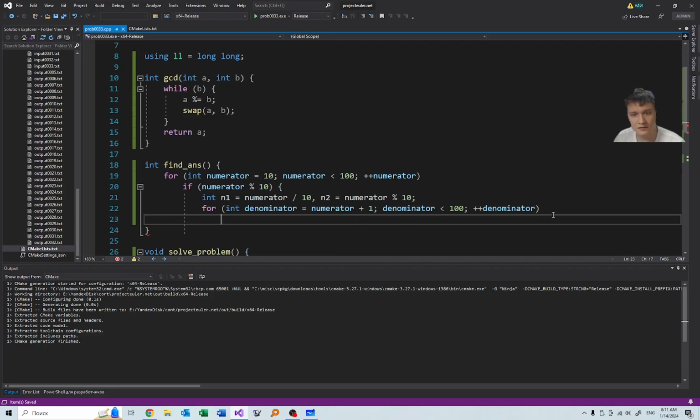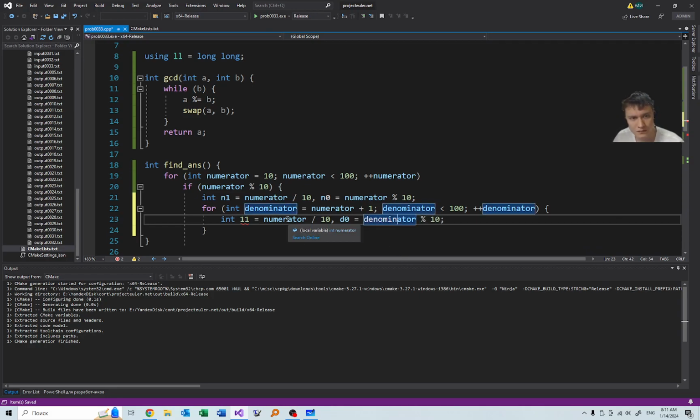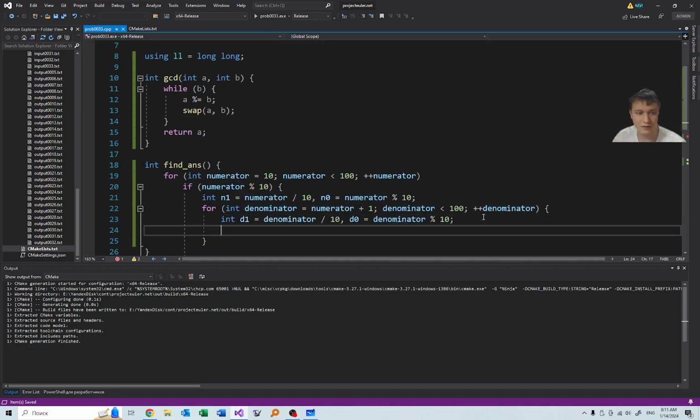And here we also say that there are d1 and d0, which are the denominator's digits. Actually, it should be 0 here. Okay, now we need to check that.